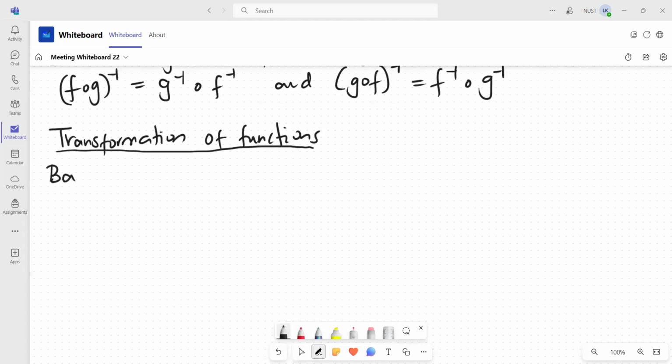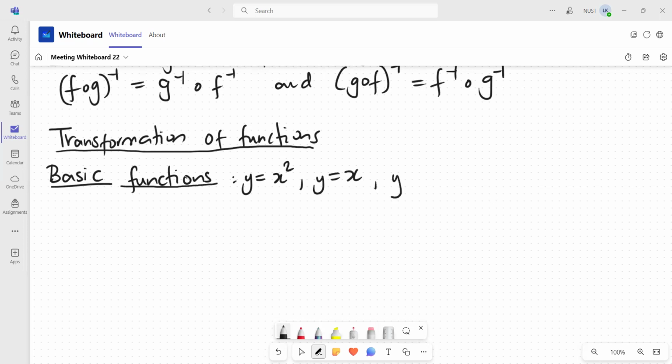There are a few basic functions that you should know how to sketch. What I would say is, if you do not know how to sketch these functions, please go and revise how to sketch these basic functions. The first one is y equals x squared, a parabola. y equals x, a straight line. y equals the square root of x, y equals x cubed, y equals 1 over x squared, and y equals the absolute value of x.